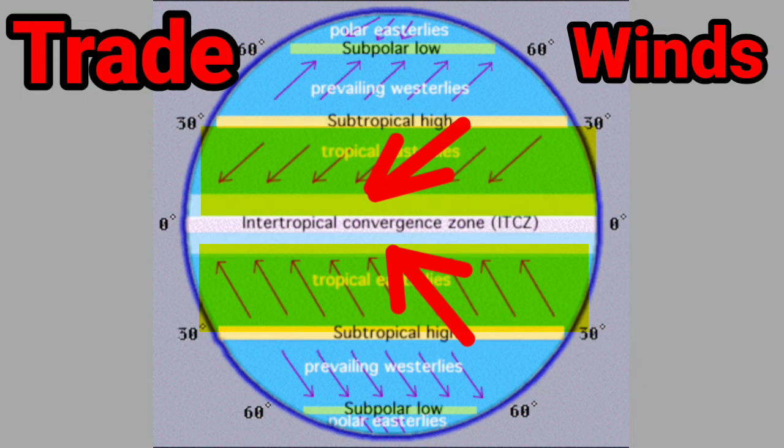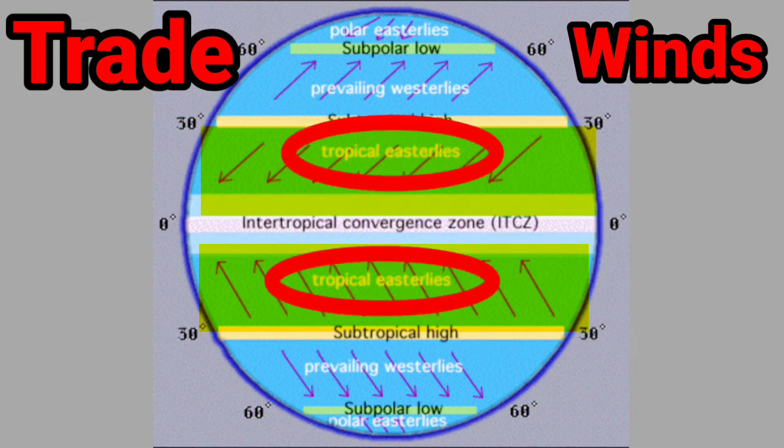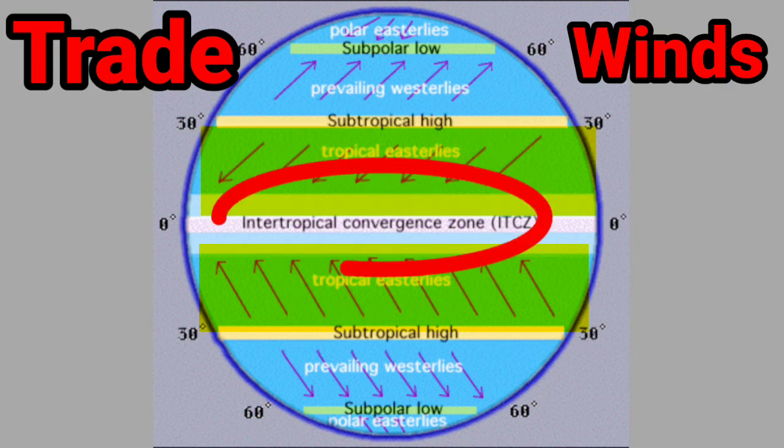The trade winds are also known as tropical easterlies, and they blow from the subtropical high pressure belt towards the intertropical convergence zone, or we also call it the equatorial low pressure belt.